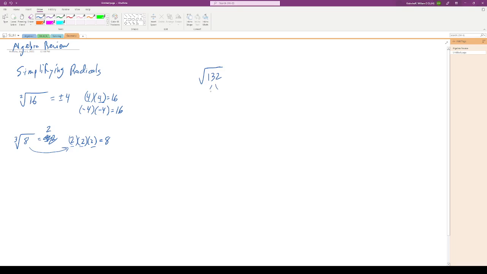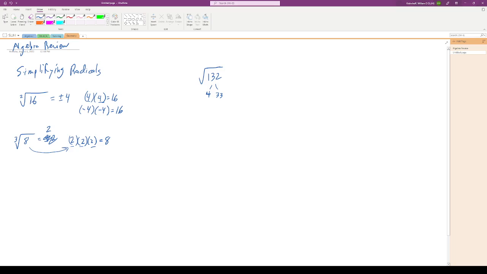So I'm going to start off by factoring this as, it looks like there's a 4 in there, so this would be 4 times 33. Is that right? So it was 2 times 66. Yeah, that looks right.